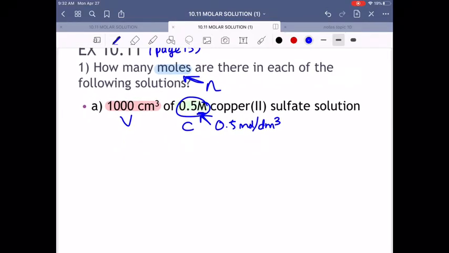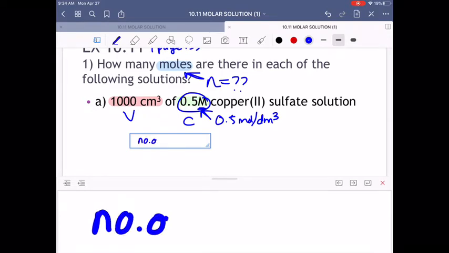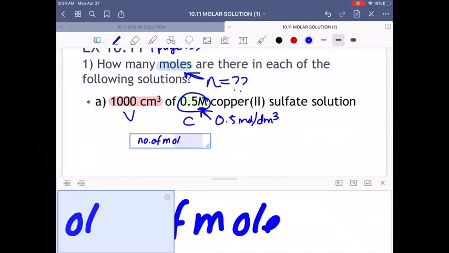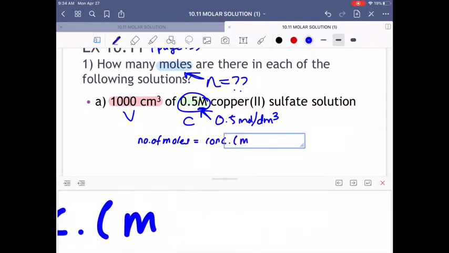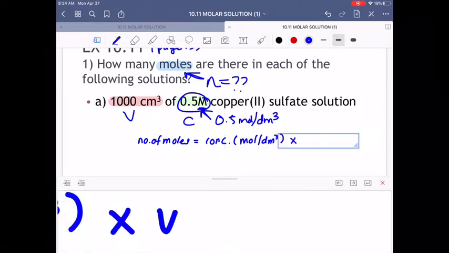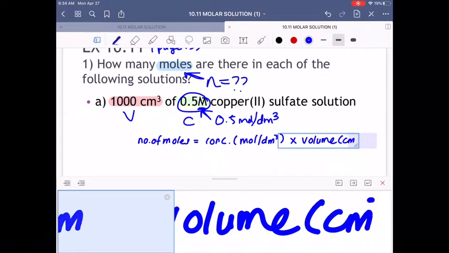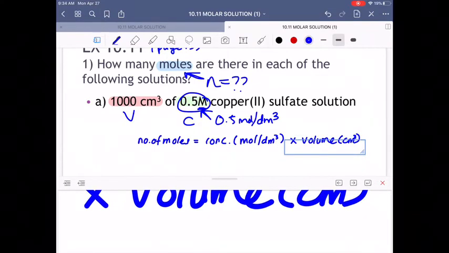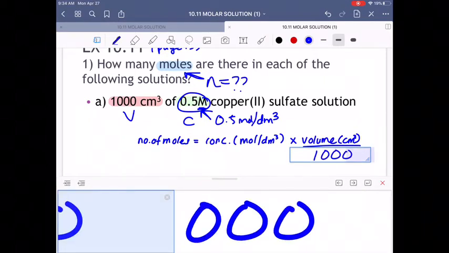So how do we find the number of moles? The formula is number of moles equal to your concentration, which must be in mole per dm cube, times volume. Since your volume given is in centimeter cube, your centimeter cube must be divided by 1000.